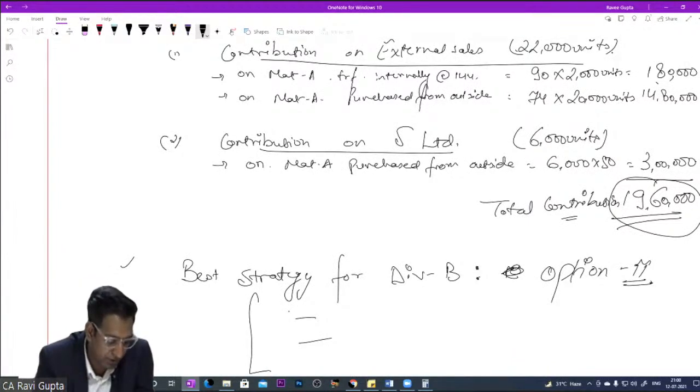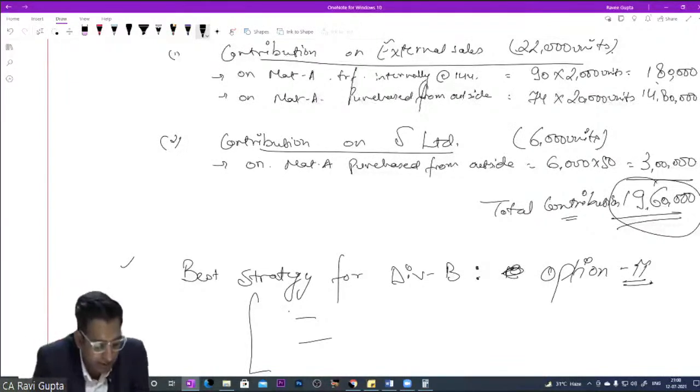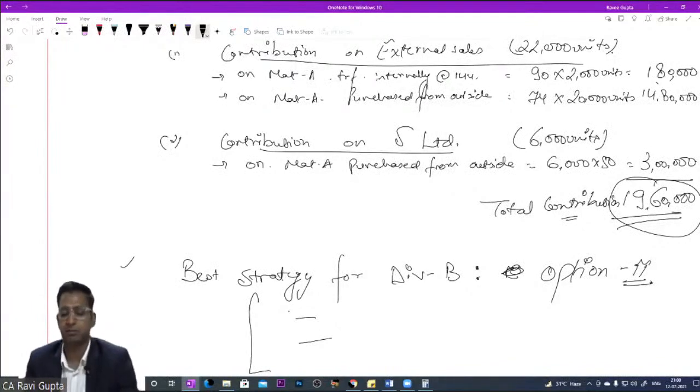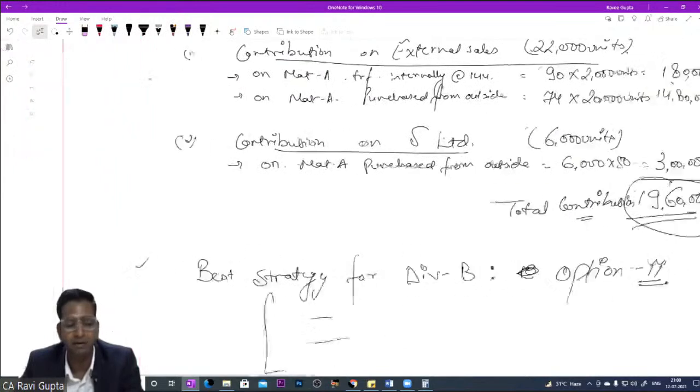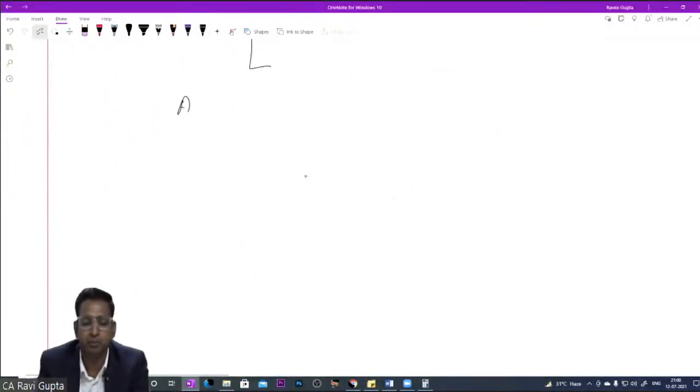Yes, the option is correct, option number B. And one student has asked me, sir, if you don't mind, could you please explain how to analyze the ability to pay? It is a bit confusing, sir. Bhargavi, please note here. I have given you an example, option number C, ability to pay.